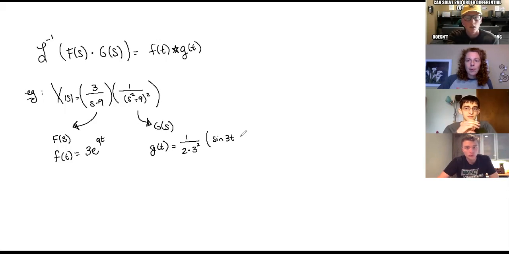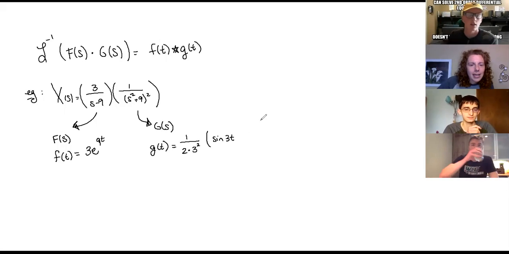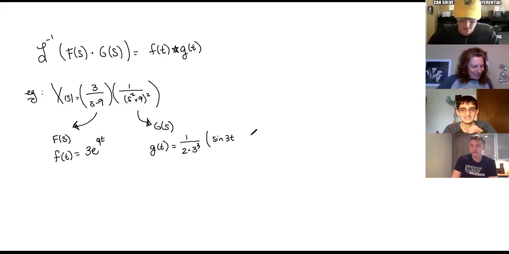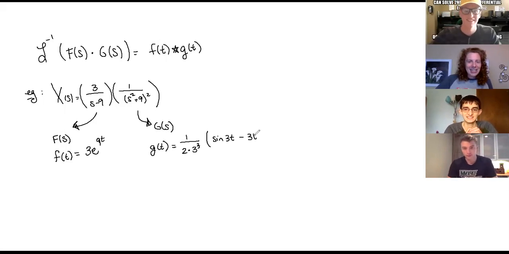What did I screw up? It'd be 3 cubed, I think. 3 cubed, not 3 squared. I can make that into a cubed. 1 over 3 cubed, sine of 3t minus 3t cosine of 3t.